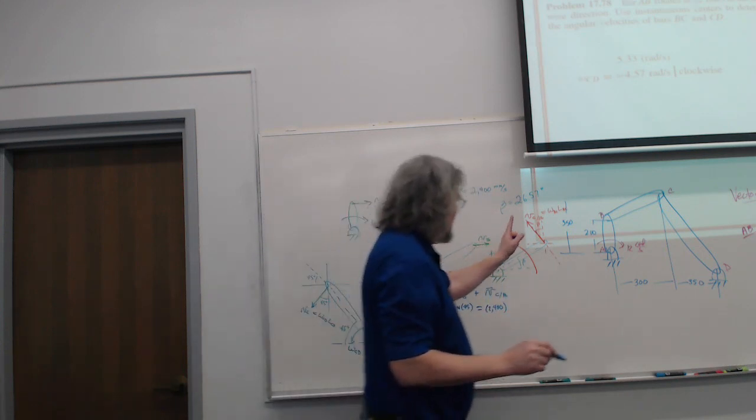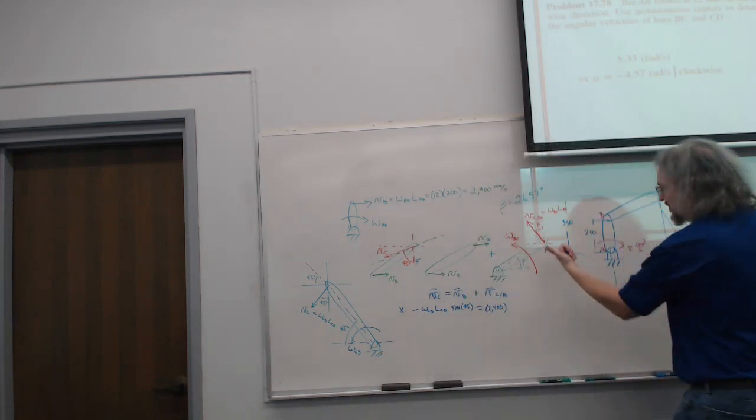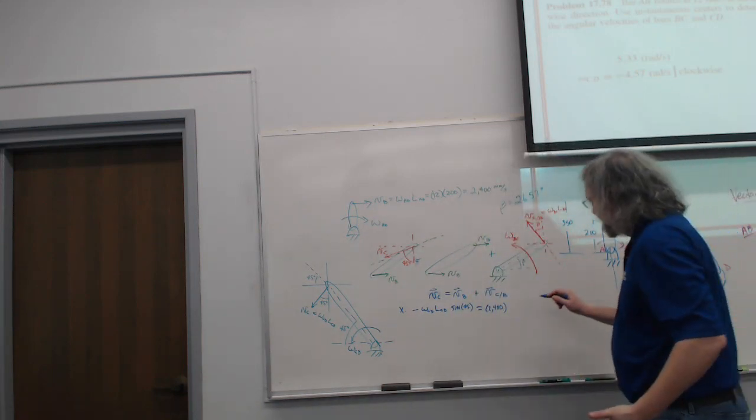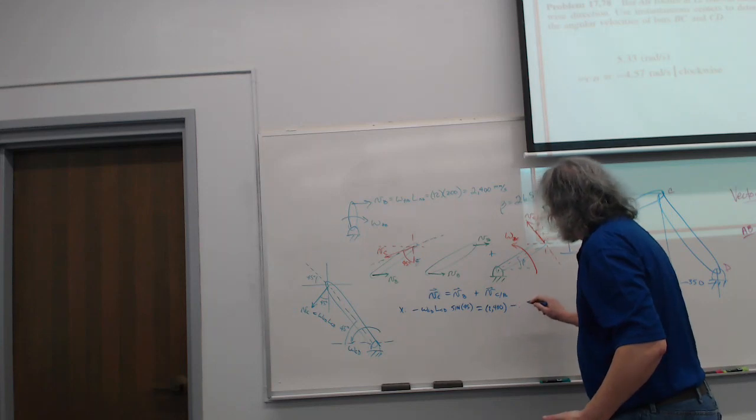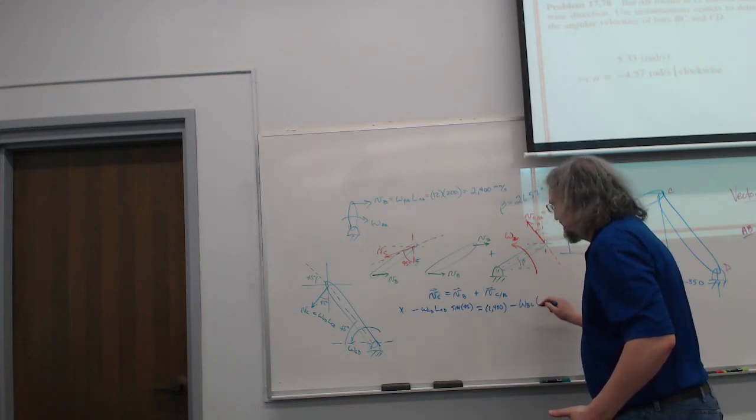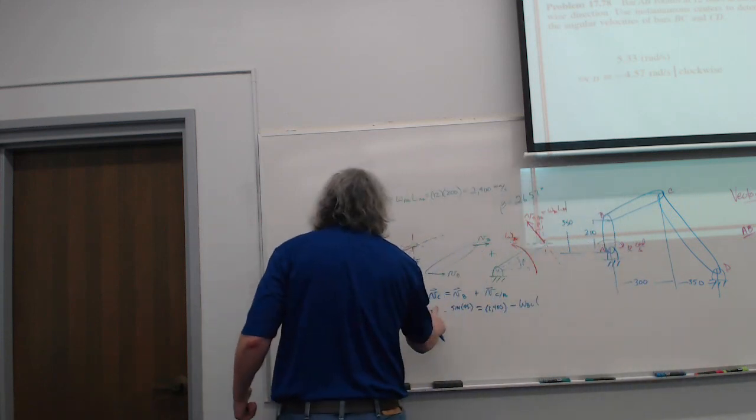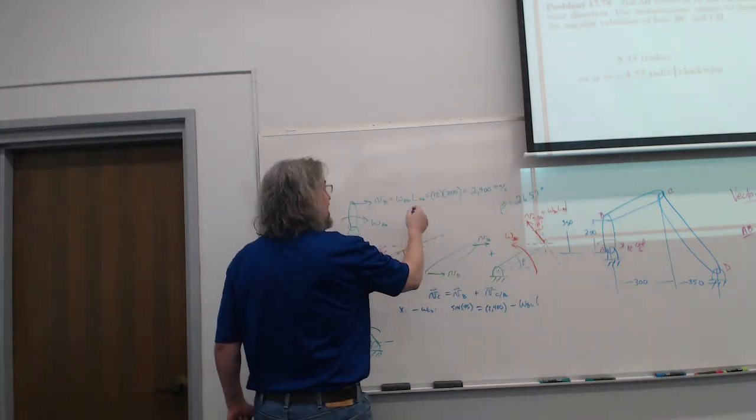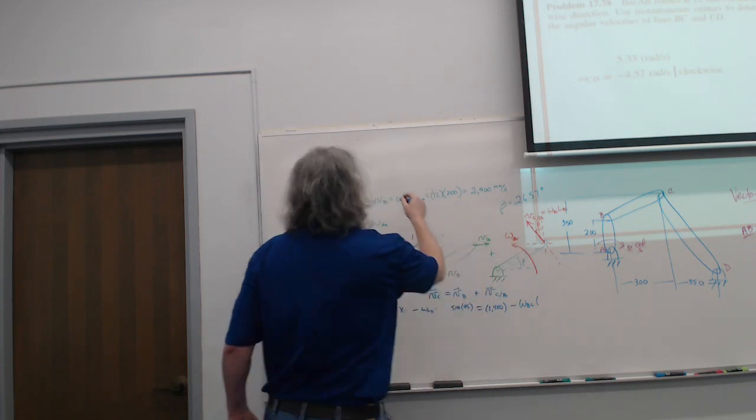And then over here, as drawn, this is also negative. And it's going to be omega BC times, by the way, I never found out what these lengths are, did I? Unfortunately.